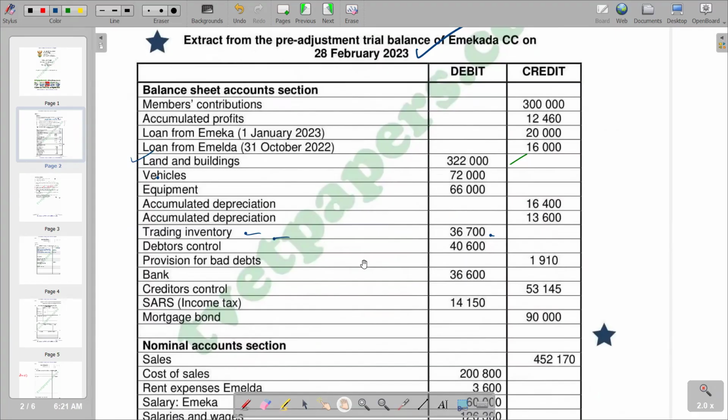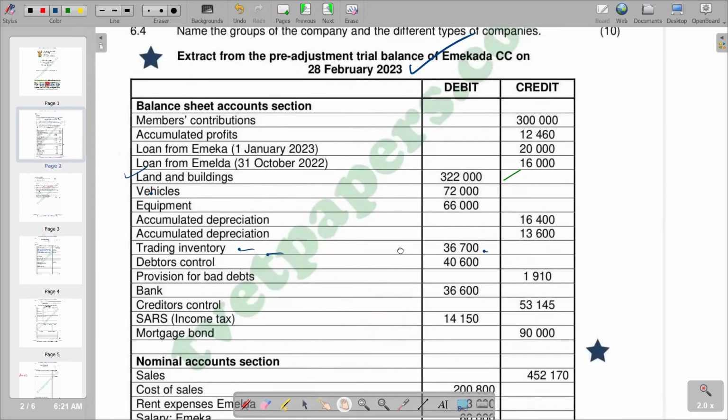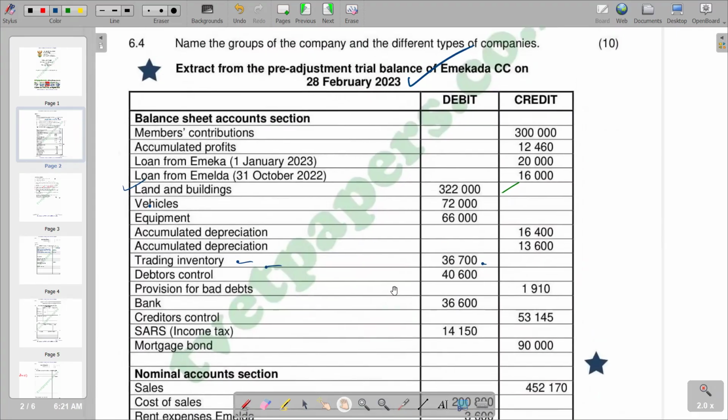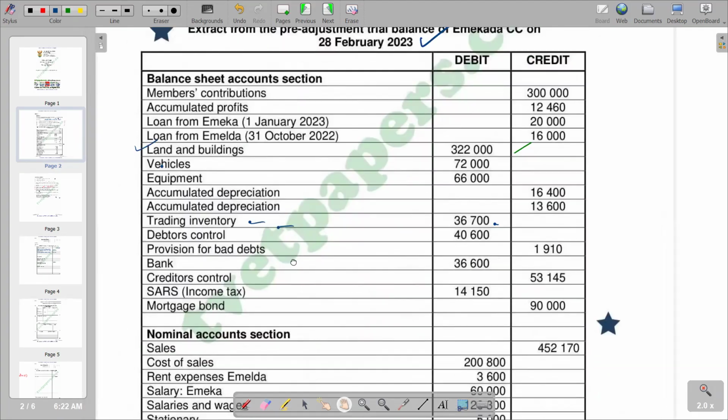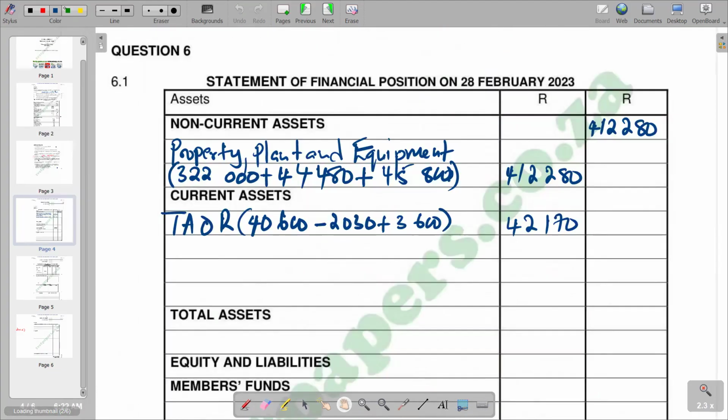But in this case, we can just take this one, since we are given that this is the end of the period. So we are saying trading inventory is 36,700.